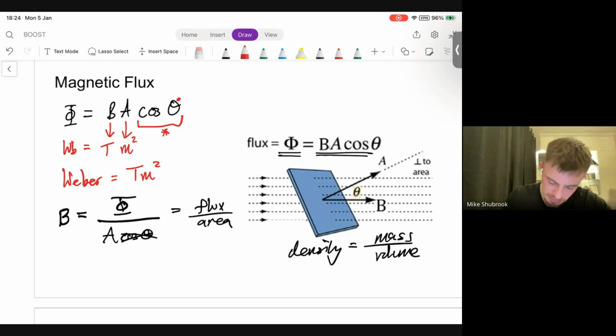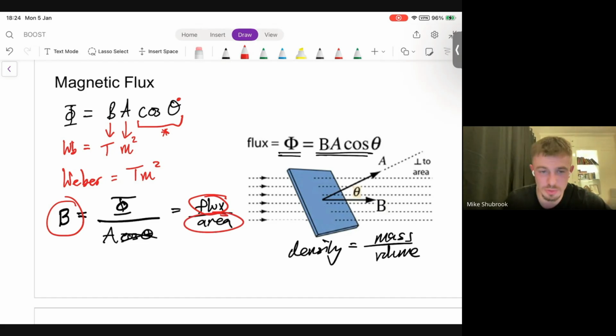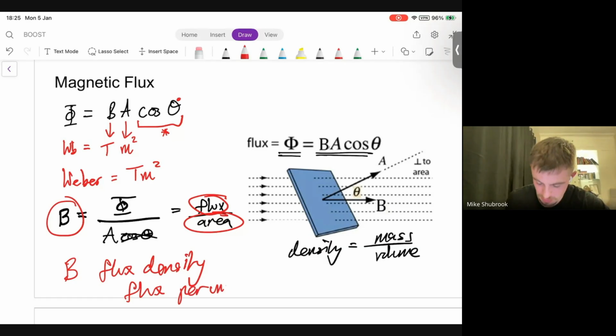And in this particular case, the magnetic field strength is the magnetic flux density, where density is with respect to area, not with respect to volume. So this is why the magnetic field is also called the flux density. It just means the flux per unit area. If we go back to that rain analogy, the flux was how much of the rain falls through my hula hoop.